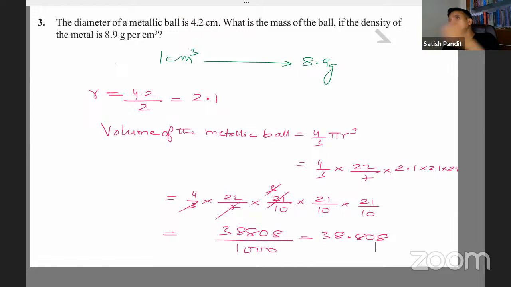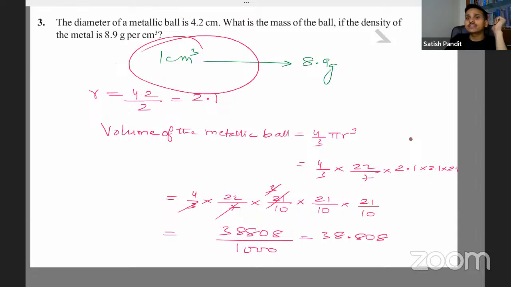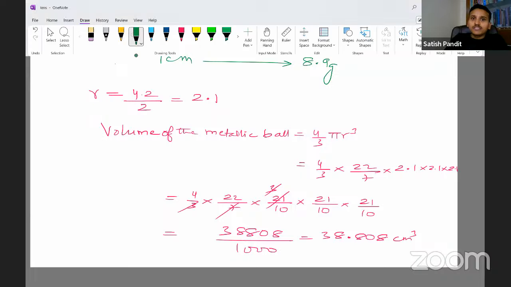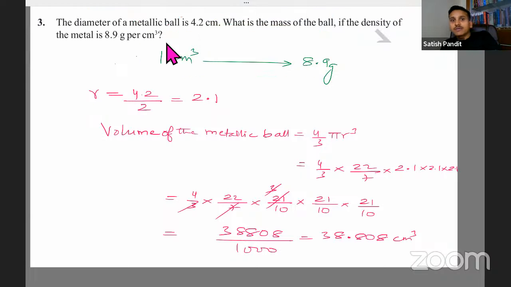Yes or no, everyone? Now, once you get the volume, we know that 1 centimeter cube is this much gram. Please write the unit also, this is centimeter cube. I'll go to the next page.